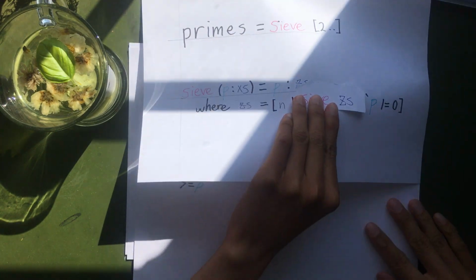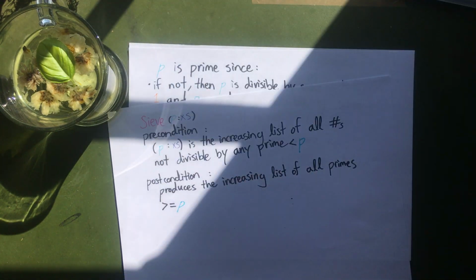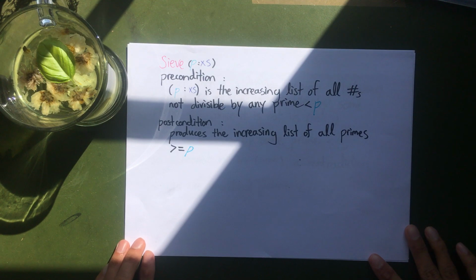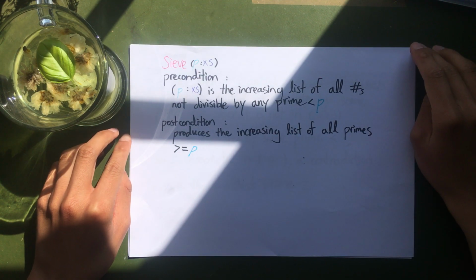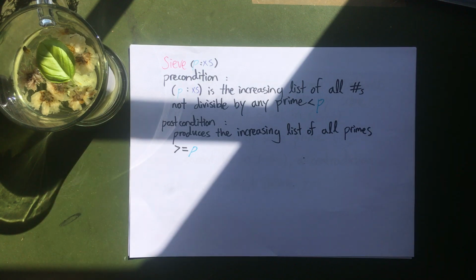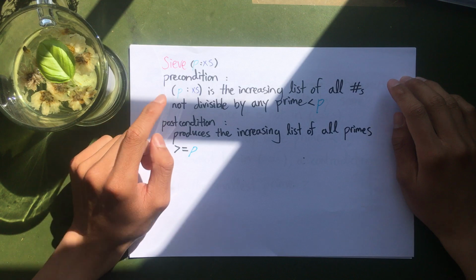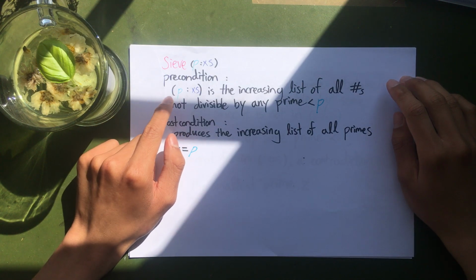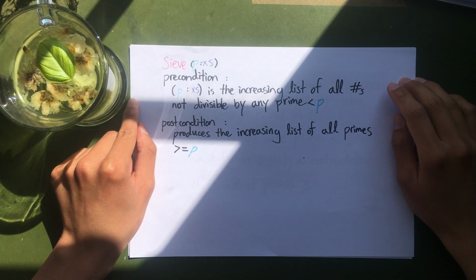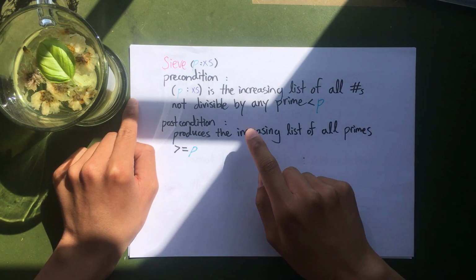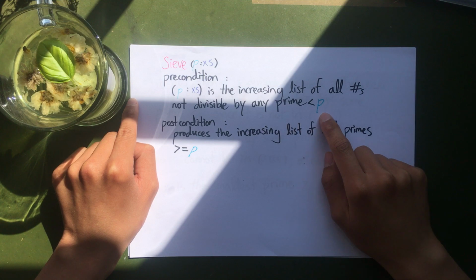Okay, so first we're gonna look at what sieve does. And I'm gonna give sieve a precondition and postcondition, which is what I want sieve to do. And then I'm gonna show that sieve actually does it. So this precondition of sieve is that its input, px's, should be the increasing list of all numbers not divisible by any prime less than p.